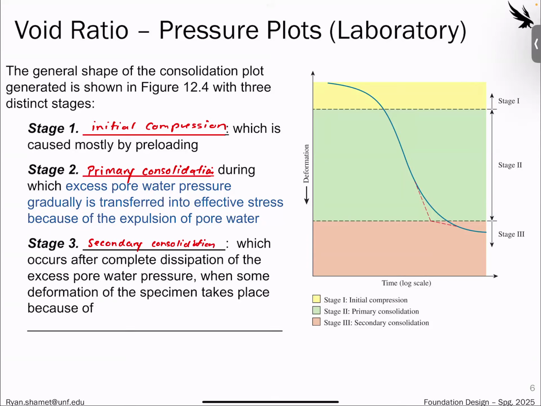Secondary consolidation occurs after complete dissipation of the excess pore water pressure. This means the pore water pressure in the sample itself is now equal to the surrounding conditions. There's no excess, there's no change in it. So any of the deformation occurring here is because of what we call plastic readjustment.